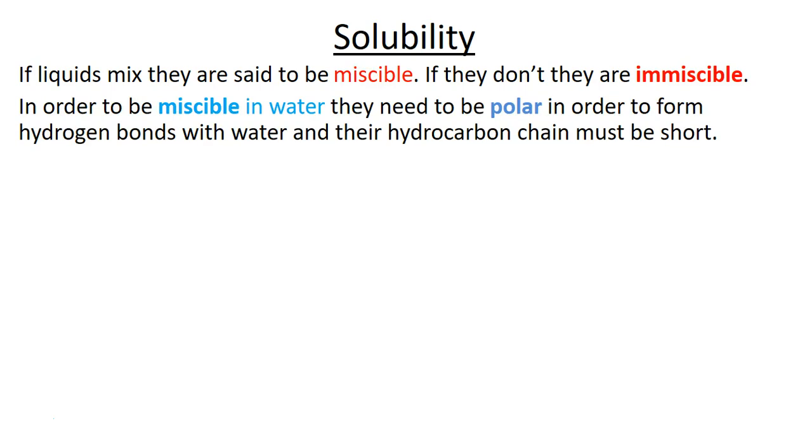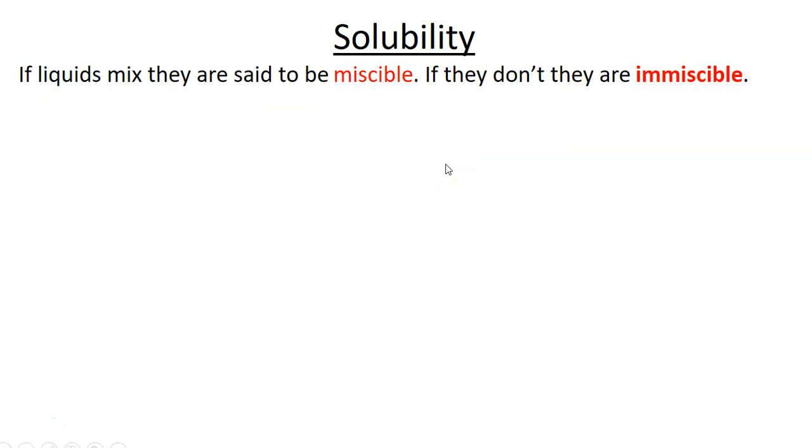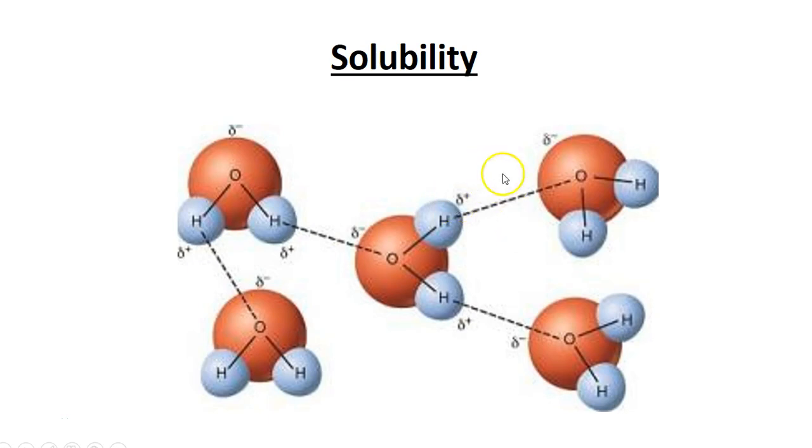In order to be miscible in water, you need to be polar or charged. So you need to have positives and negatives. And that effect has to be bigger than the non-polar hydrocarbon chain. If you've got a hydrocarbon chain, then this is non-polar. And in order for the water molecules to be willing to separate and let something in, they're attracted to each other.